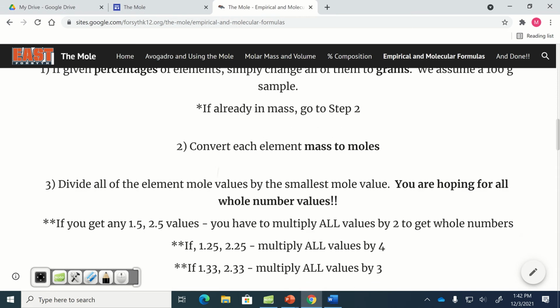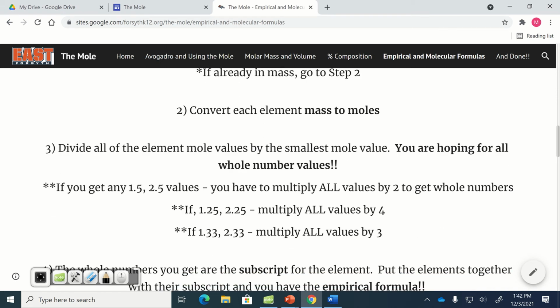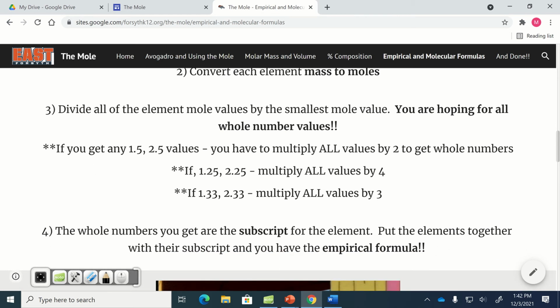Step number 2, convert the mass to moles using molar mass. And the nice thing is, this is the molar mass of just the element itself, so there's nothing too special about it. Step 3 is one of the steps that people make a mistake on.